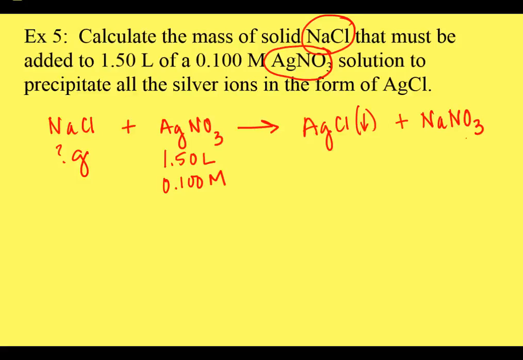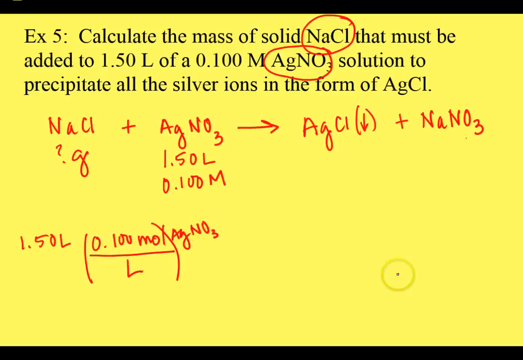Let's take a look and see how things went. Start with my volume, 1.50 liters. We use molarity as a conversion factor, 0.100 moles per liter, and that is moles of AgNO3. Our mole-to-mole ratio, B over A, is 1 mole of NaCl for every 1 mole of silver nitrate.